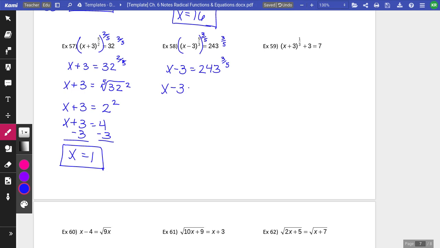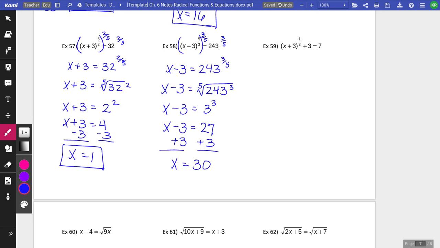So if I rewrite this as a radical, this is the fifth root of 243 cubed. Okay, fifth root of 243 is 3, but then that gets cubed. So that's 27. And then add 3, and x is 30.